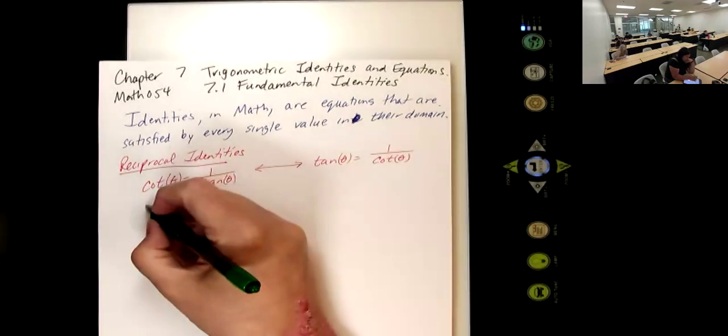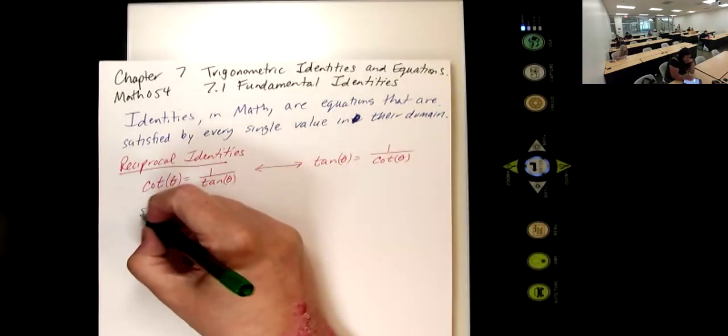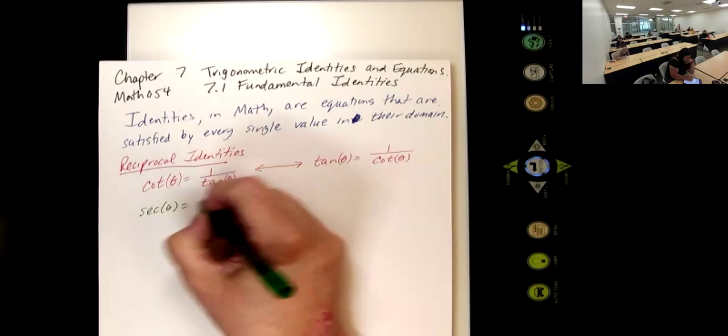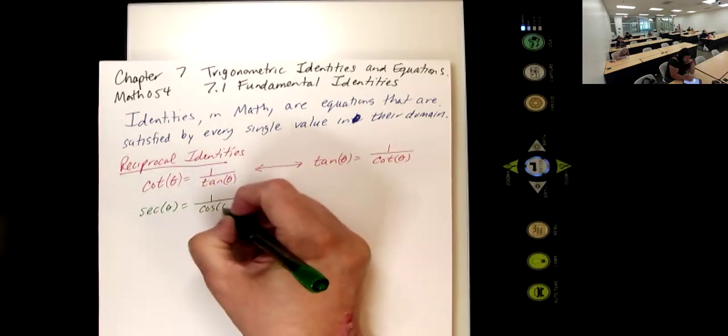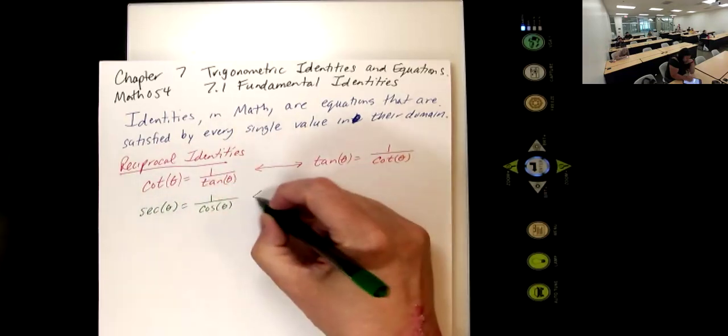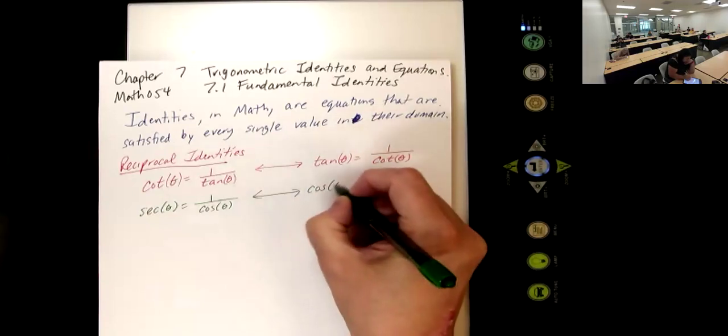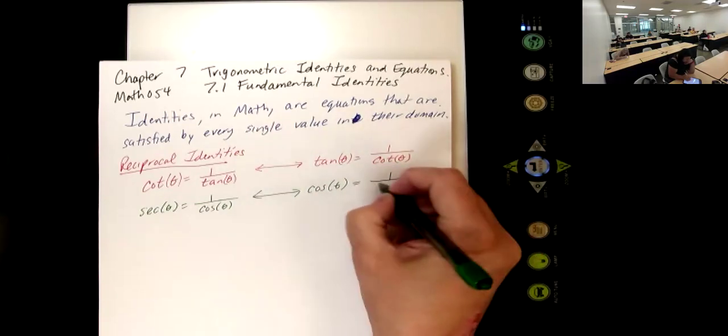We have our secant and cosecant. Secant theta is 1 over cosine theta. And cosine theta is 1 over secant theta. Not 1 over sine theta, 1 over secant theta.